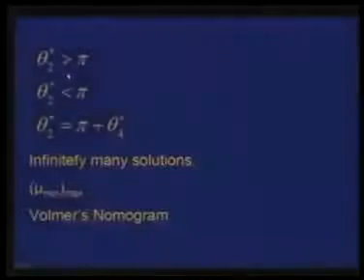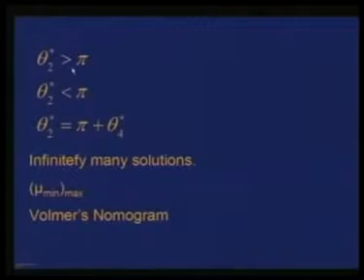For the 4R crank rocker mechanisms, we considered 3 cases separately, where theta 2 star, that is the crank rotation as the rocker moves from outer to inner dead center, is more than pi, less than pi, and a special case if theta 2 star is pi plus theta 4 star.